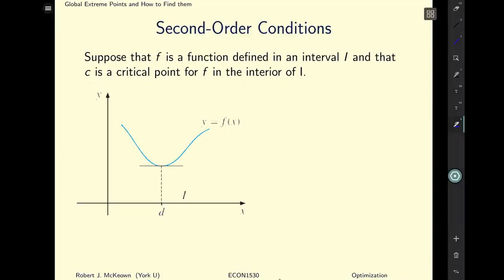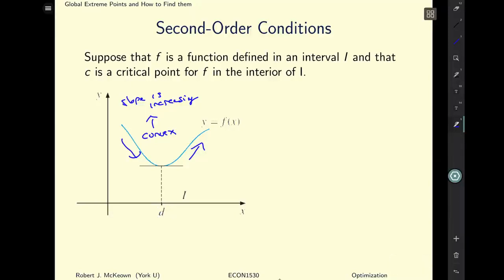Similarly, if we have a convex function, what is a convex function? It's one where the slope is increasing. It's going down there, and then when we get to the right of the point D, it's increasing.